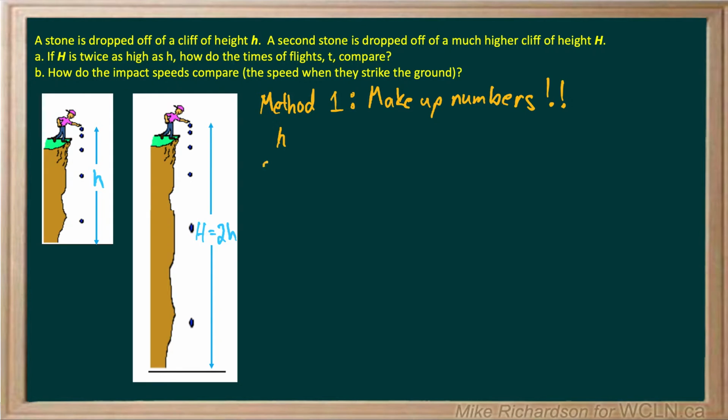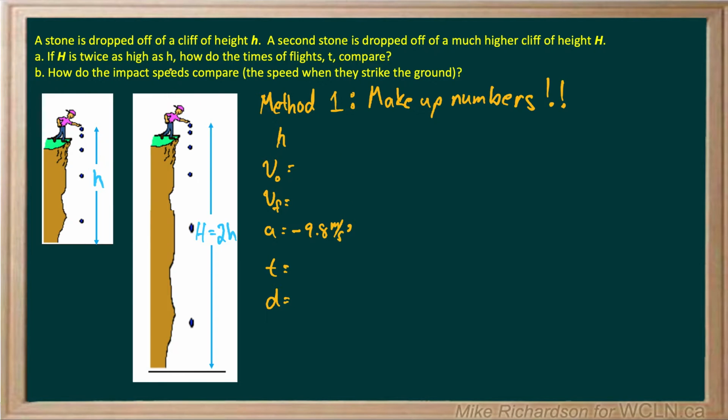When we solve projectiles, we write down all 5 variables. And in this case, we're looking for 2 things: final velocity and time of flight. Well, what do we know? We know that acceleration is always negative 9.8.